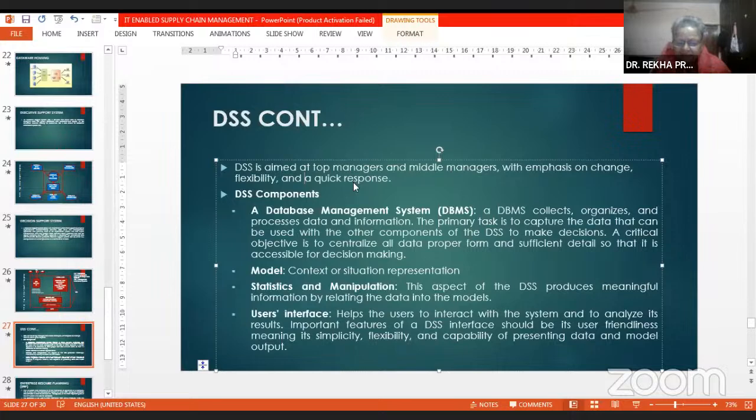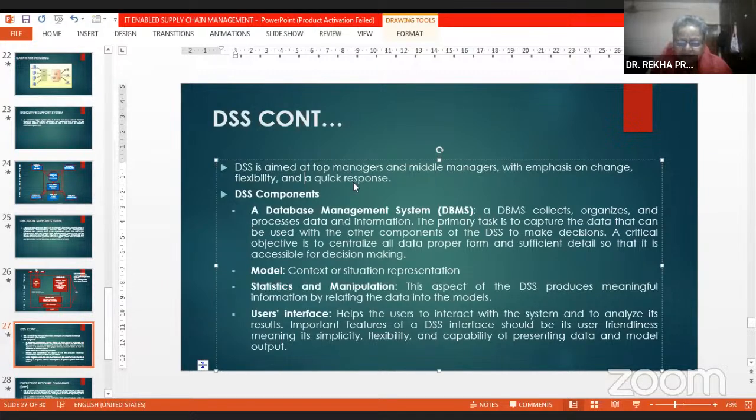Model: concept or situation representation. The model can be statistical or manipulation. This aspect of the DSS produces meaningful information by relating the data to the models. The user interface helps the user to interact with the system and to analyze its results.